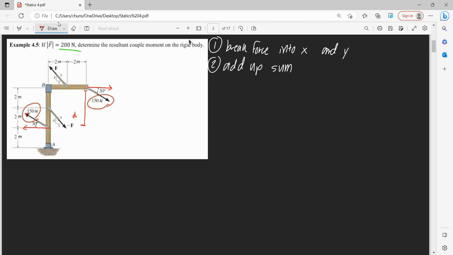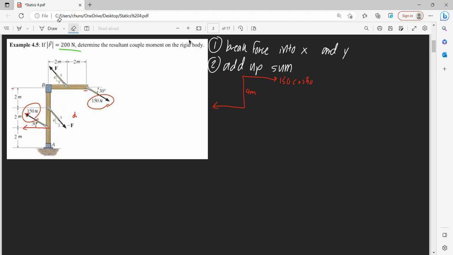So in this case, we are looking for our vertical distance, which given by the scale over here is 4 meters. So I'm going to draw this out just like that. And this is the x component. So this will be our distance of 4 meters, and our magnitude of our force is 150 cos 30.